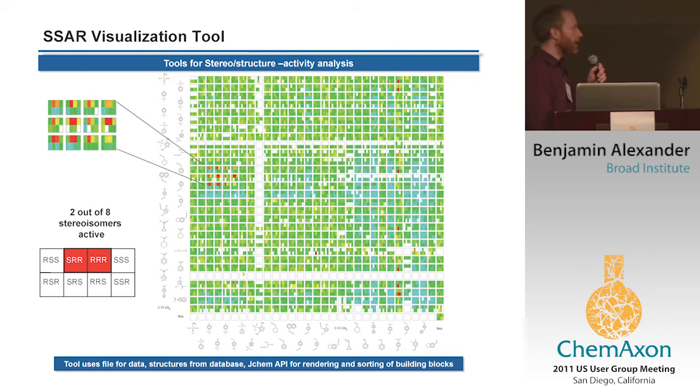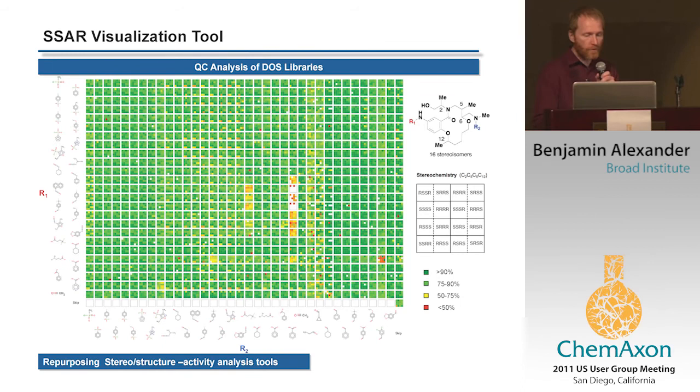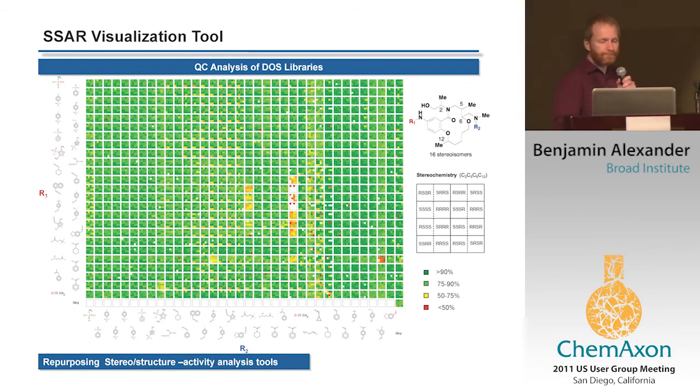And there are other times when you have enantiomeric pairs where you're going to get the same results, but often you do get diastereomers where the results are quite different. And so this is one of the areas where the Broad, I think, is doing very interesting work. Having developed this visualization tool, you can also use it for QC data, as is shown in this slide.